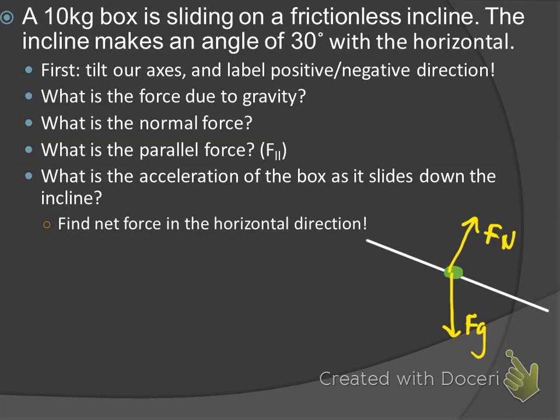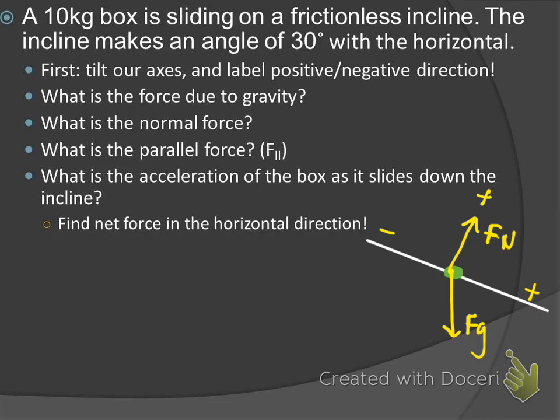We're not going to have any frictional force because it doesn't tell us anything about that. Make sure that we tilt our axes like it says here, and we label the positive and the negative direction. We always assume that toward the bottom of the incline is going to be the positive direction because that's the way that most objects are going to go. They're not going to spontaneously make their way up the incline. So these are the only two forces that we have acting here.